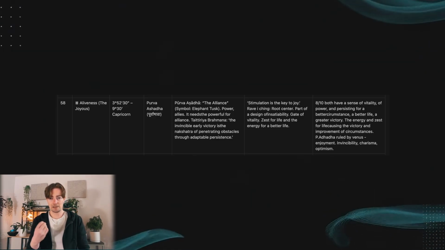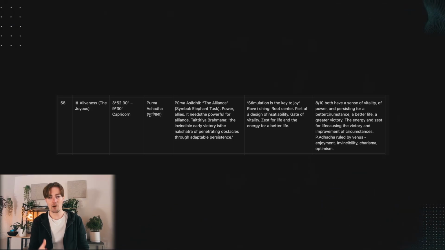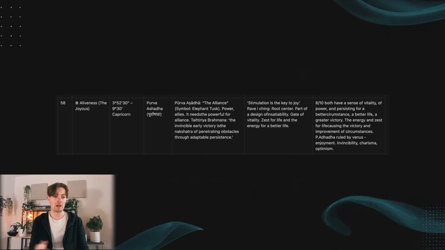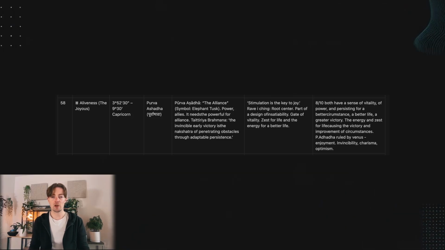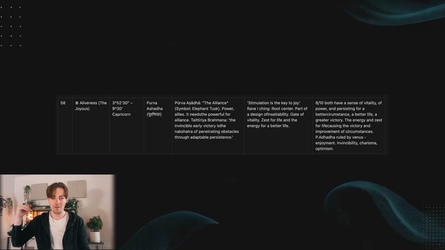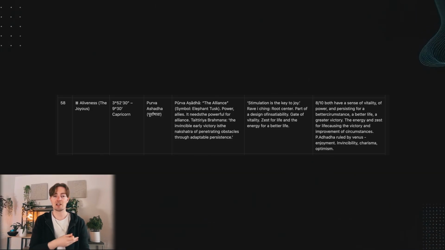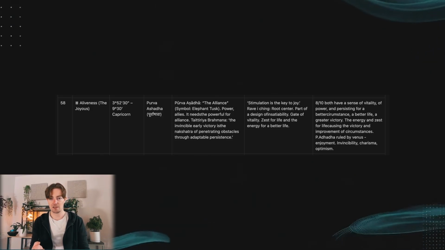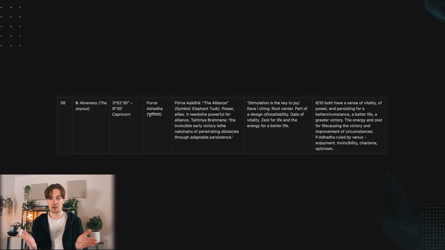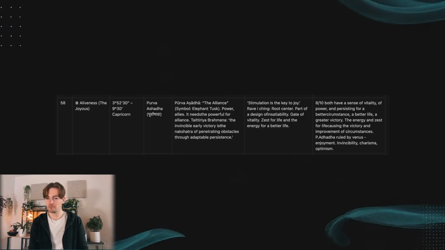And there's a sense of power and vitality and persistence for better circumstance between this gate of aliveness and the joyous and the Purva Ashada, powerful, early victory, penetrating obstacles through adaptable persistence. It's not an exact match, but it's still a powerful obstacle-beating archetype.